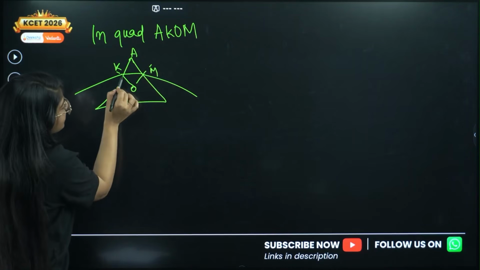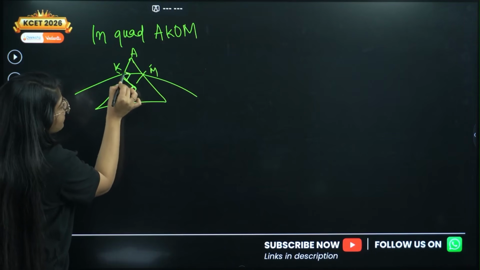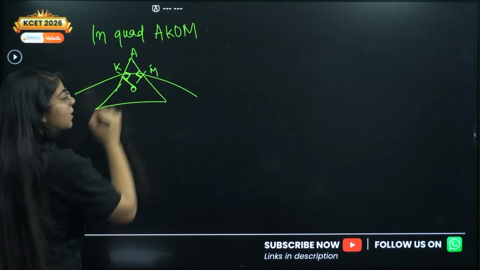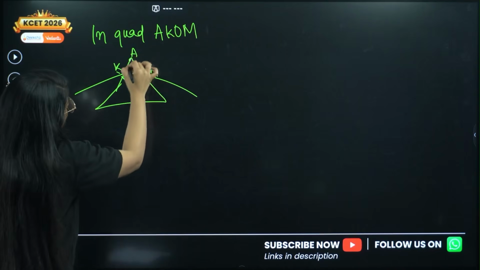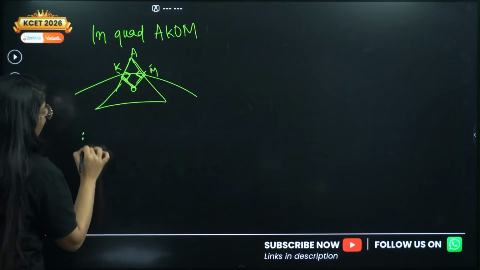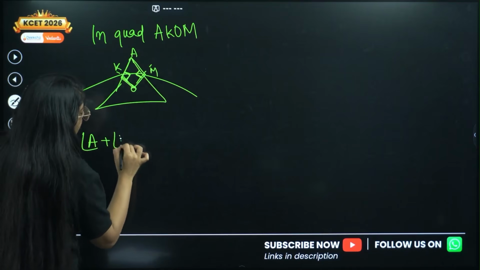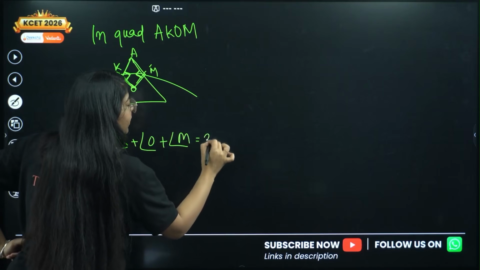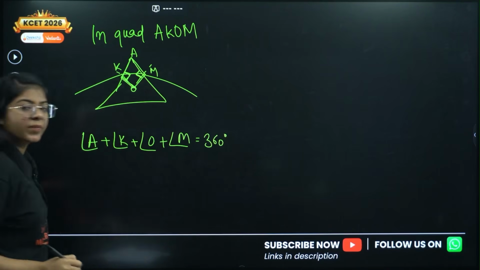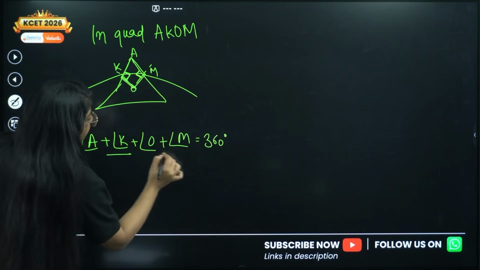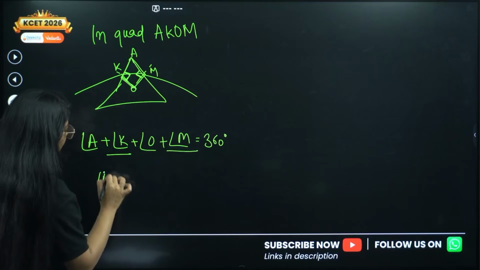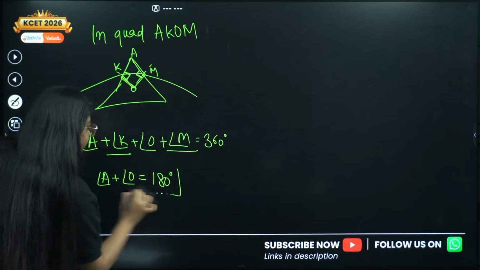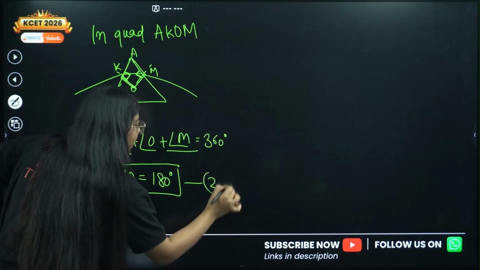Now since this is the normal, this whole angle will be 90 degrees and this whole angle will similarly be 90 degrees. So in this whole quadrilateral, the sum of all the angles, angle A plus angle K plus angle O plus angle M, will be 360 degrees. Correct? And since K and M are 90 degrees, angle A plus angle O will be equal to 180 degrees. This is my second expression.